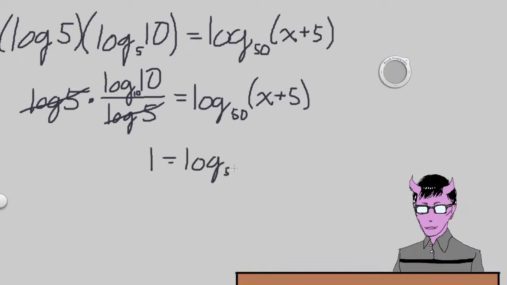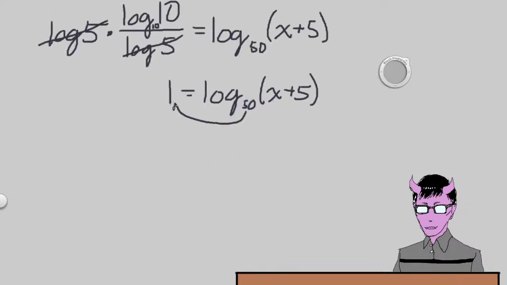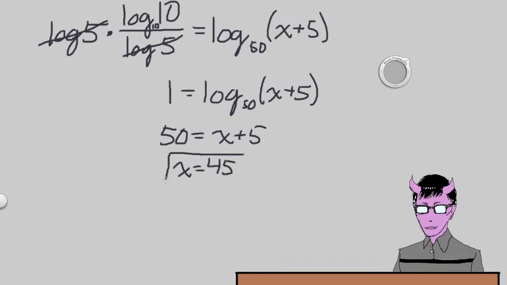Some problems are luckier than others. Okay, so we have 50 to the power of 1 should give us x plus 5. So 50 to the power of 1, which is just 50, should give us the argument. So solving for x is equal to 45, and we should be good, right?